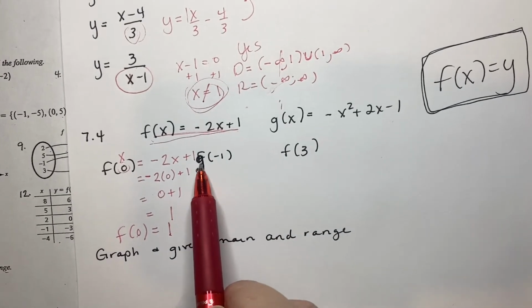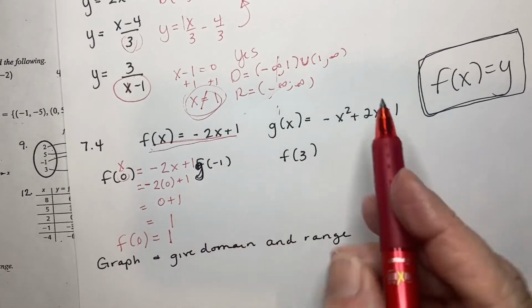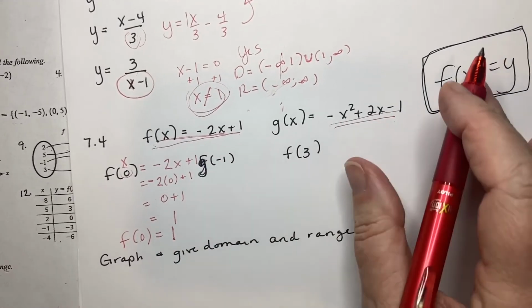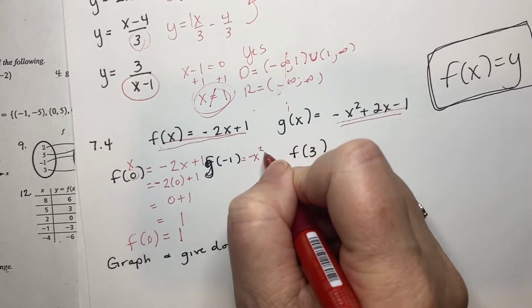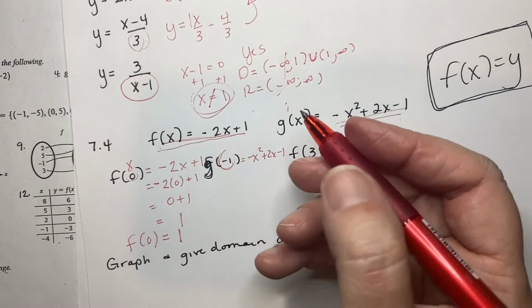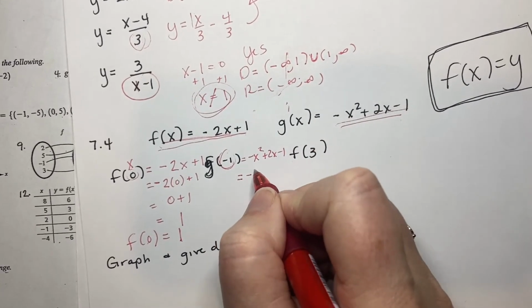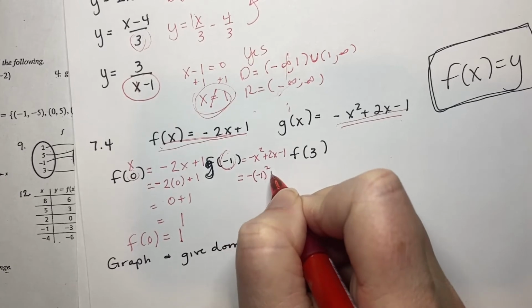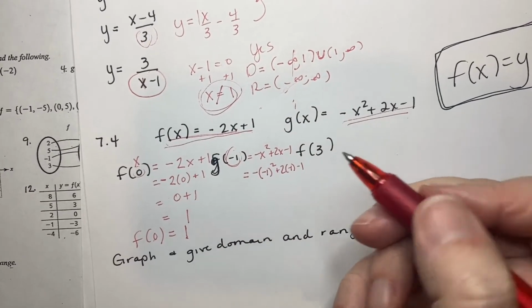But this next one, I changed it to g because I want to try this one. This one says g of negative 1. So that tells me I'm going to use this formula. So g of negative 1 is going to equal this negative x squared plus 2x minus 1. And then for every x, we're going to put in a negative 1. So be careful with your negatives here. So it's a negative parentheses negative 1 squared plus 2 times negative 1 minus 1.